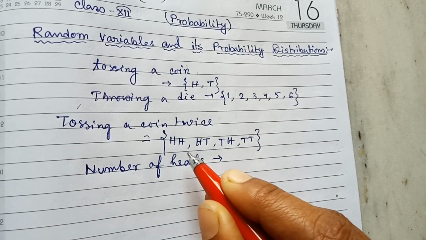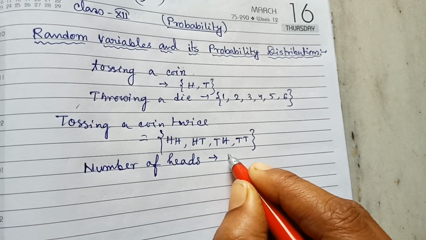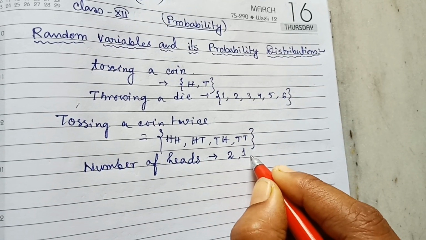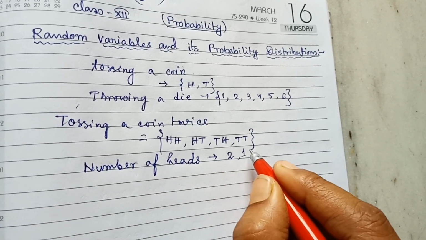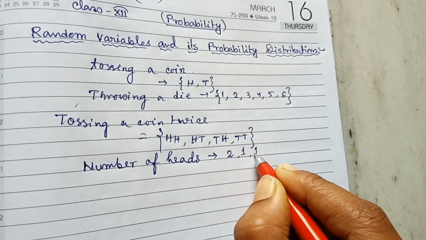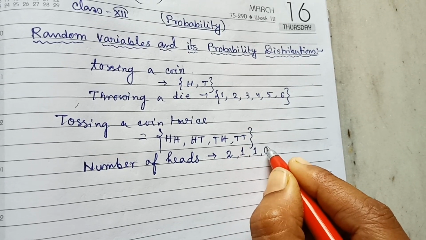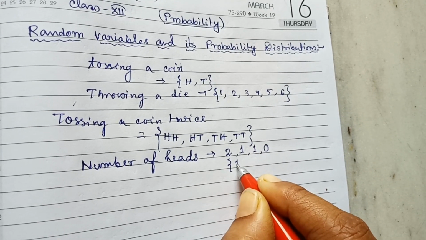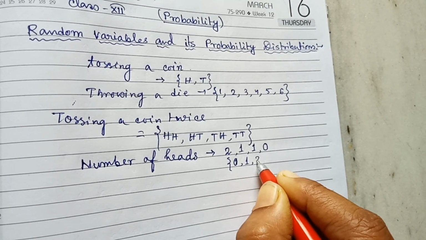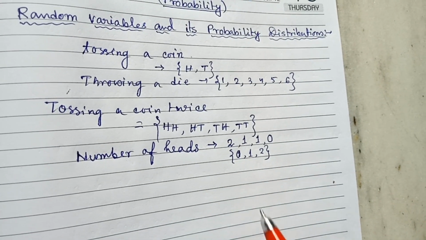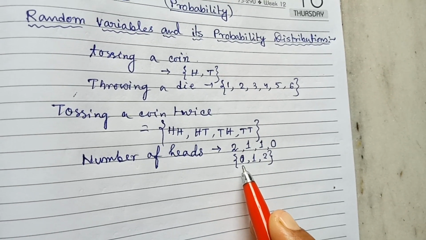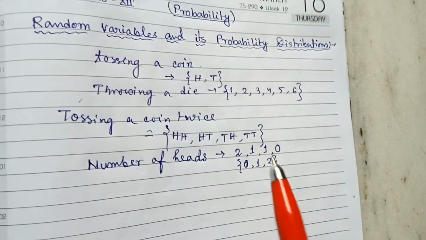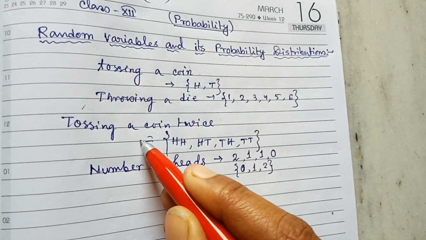For HH, this is 2. For HT, this is 1. For TH, this is 1. And for TT, it's 0. So ultimately what we have got is 0, 1 and 2. So these are 3 values which are connected to all outcomes of that particular sample space.